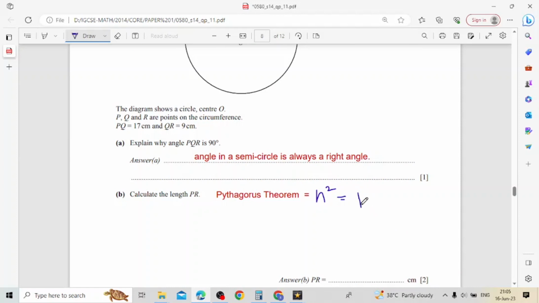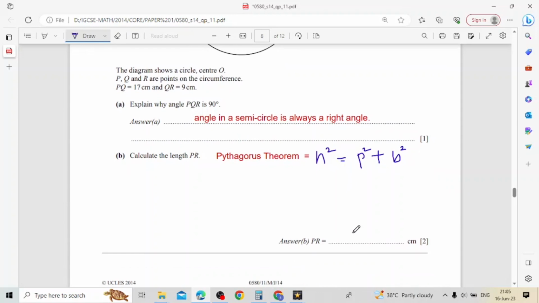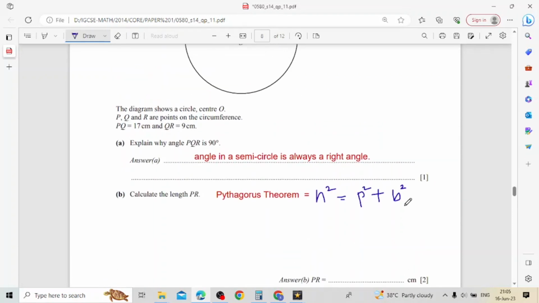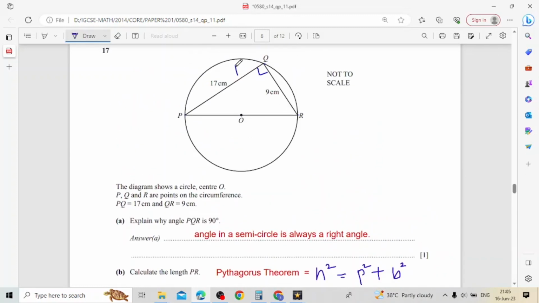So the square of the perpendicular is added to the square of the base. This is the Pythagorean theorem. Now, we have the values of these two. You can take this as the perpendicular which is standing, and this is the base. So the perpendicular is PQ over here and the base is QR.